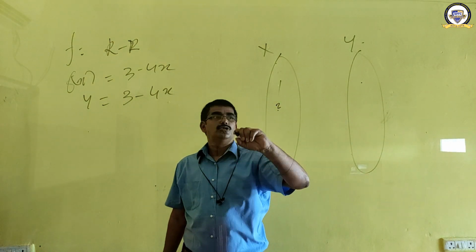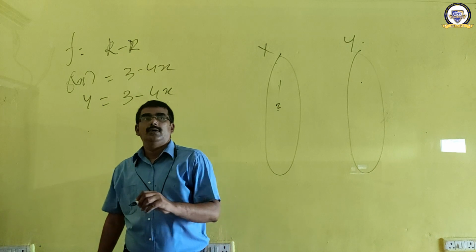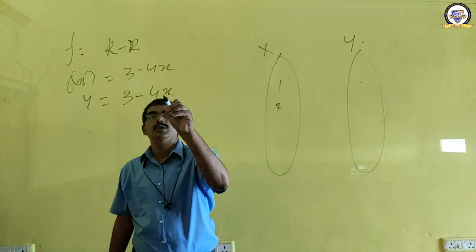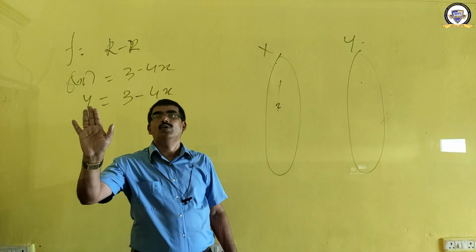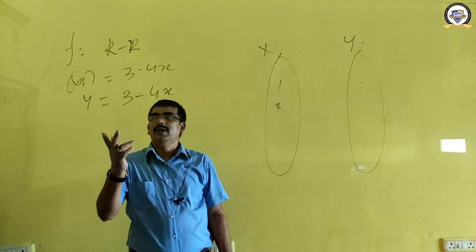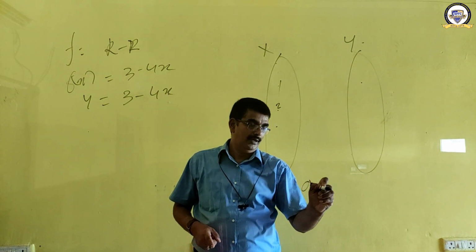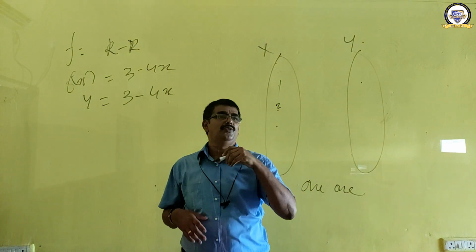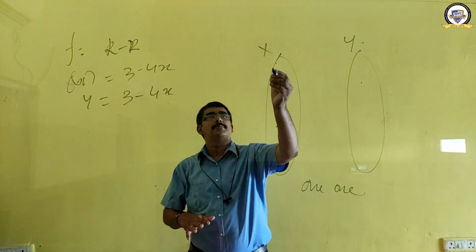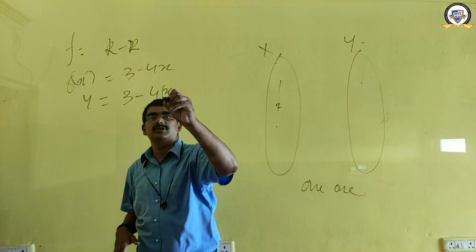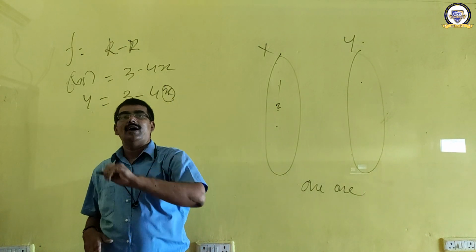So whenever you give a value over here, you will get a value over there at y. That is why we can say this is 1-1. For each and every real number you substitute over here, you will get the corresponding value of y.